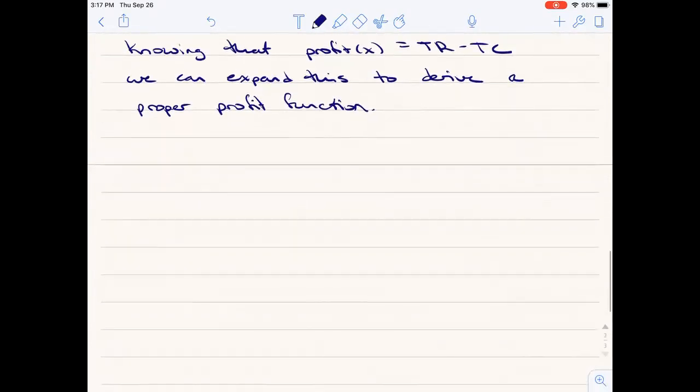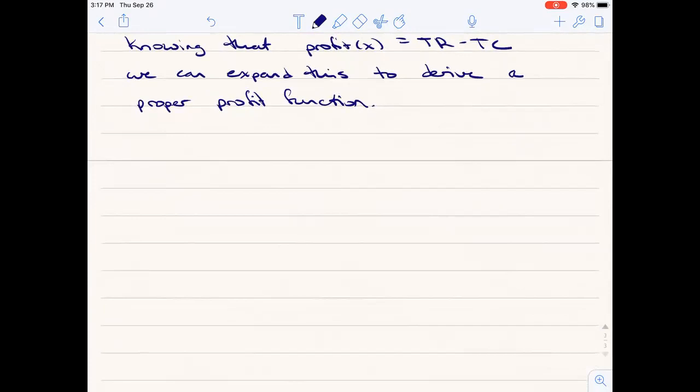Because there's a page break here, I'm going to start down here and say profit of X. We'll start with the total revenue minus the total cost. That's on your formula sheet. Then I'll work my way counterclockwise around this sheet, snaking my way through.